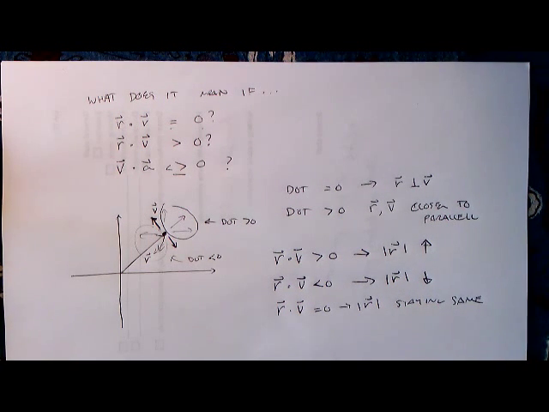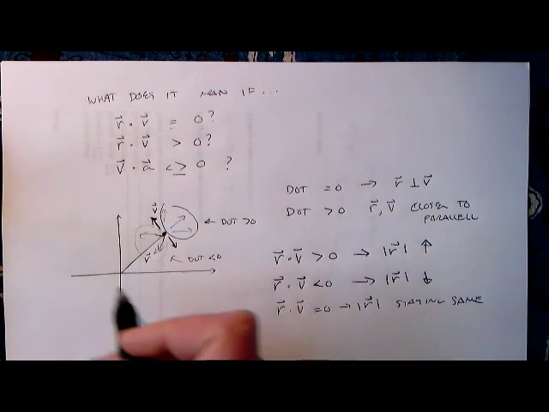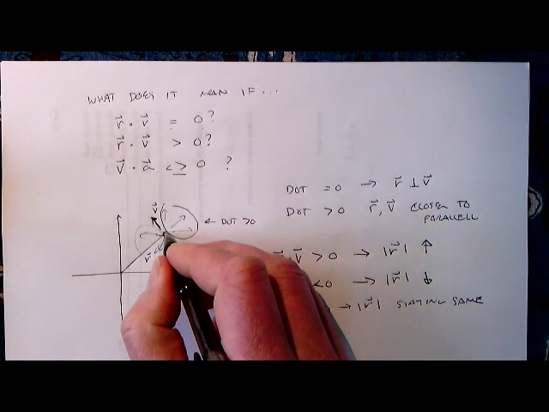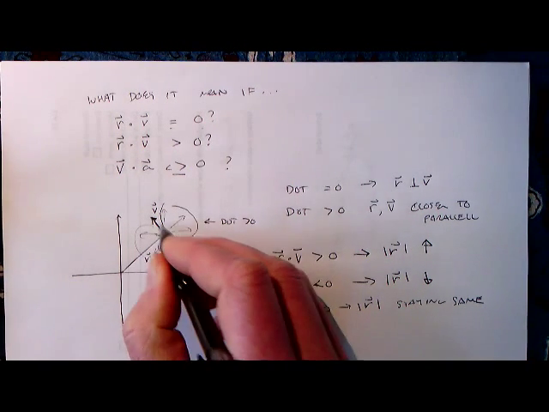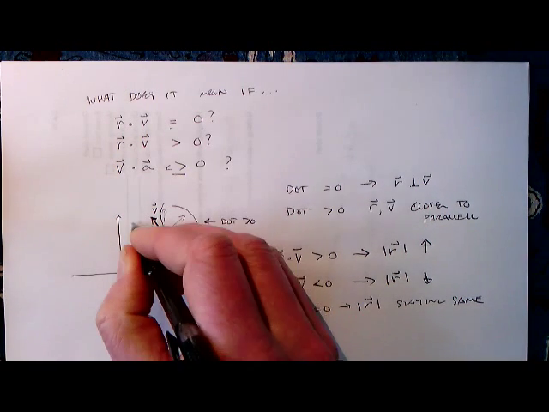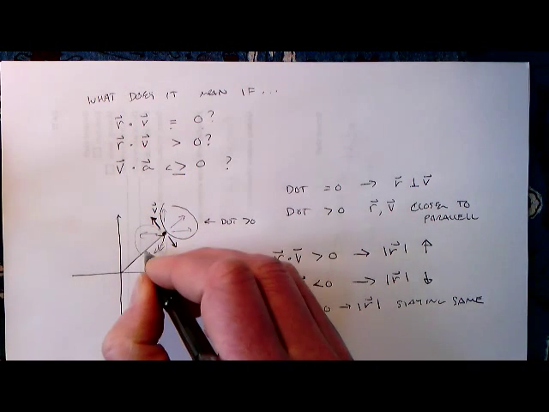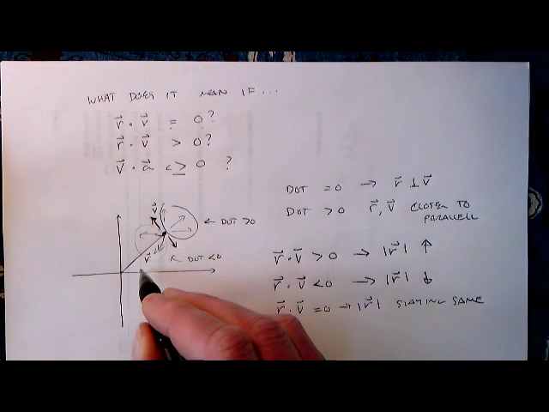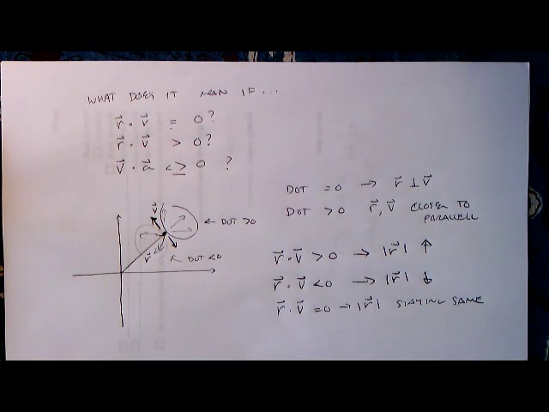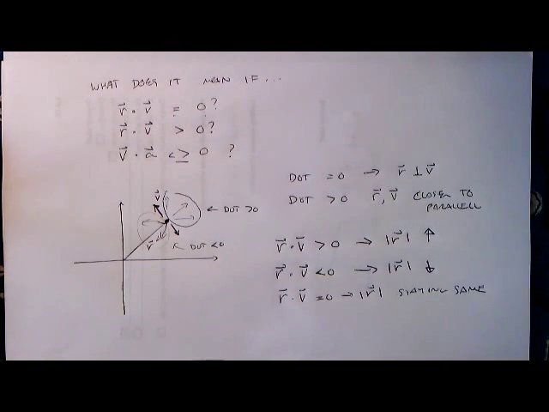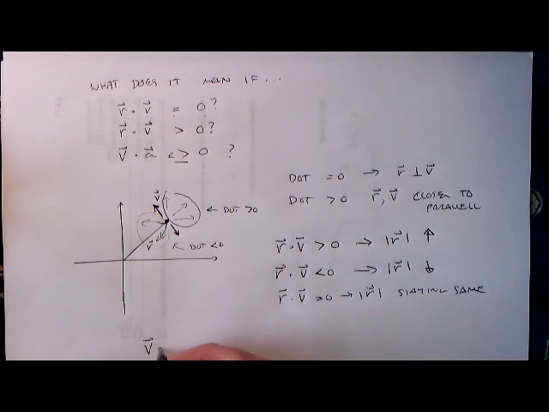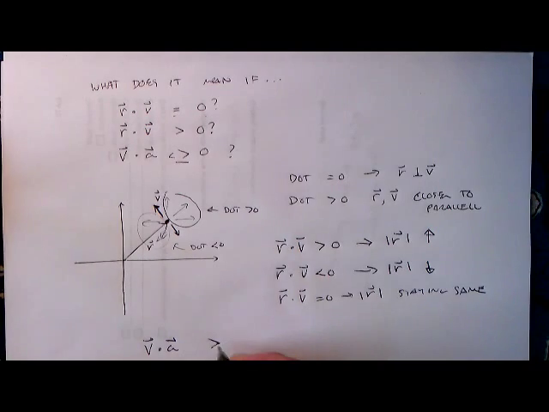It's pretty easy to see that with r and v, because it's easy to imagine an object sitting here and either moving out away from the origin, moving perpendicular to the current position and therefore not changing the length of r, or moving back towards the origin and making the position vector shorter. And if we extend that to velocity, you can think about what that means as well. When you've got a velocity dotted with an acceleration, what does it mean if that's greater than 0?